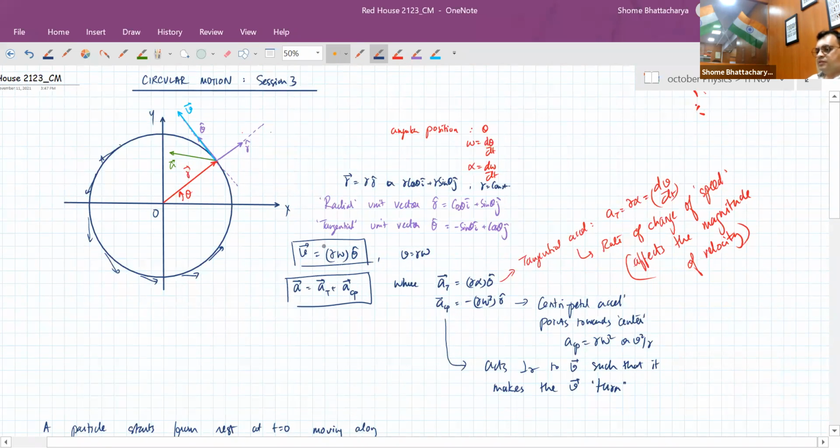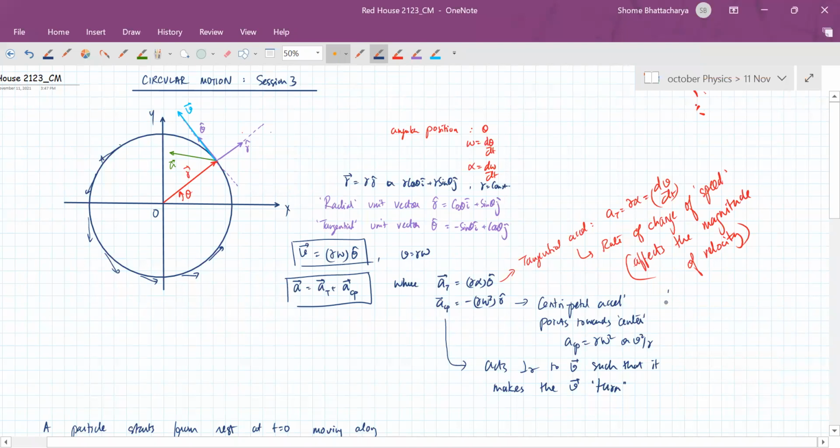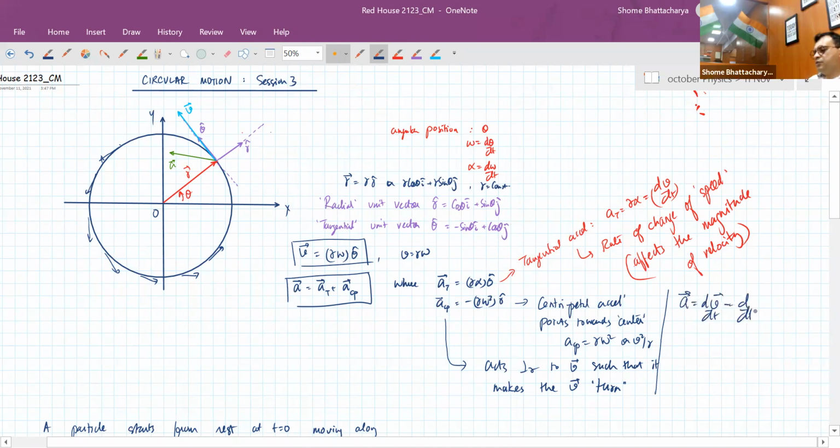So when we differentiate this velocity term, we get that derivation that the acceleration, which is differentiation of r omega into theta cap. So here in general, what is happening? R is constant, but omega and theta cap are variables. So you have this plus omega into d theta by dt.